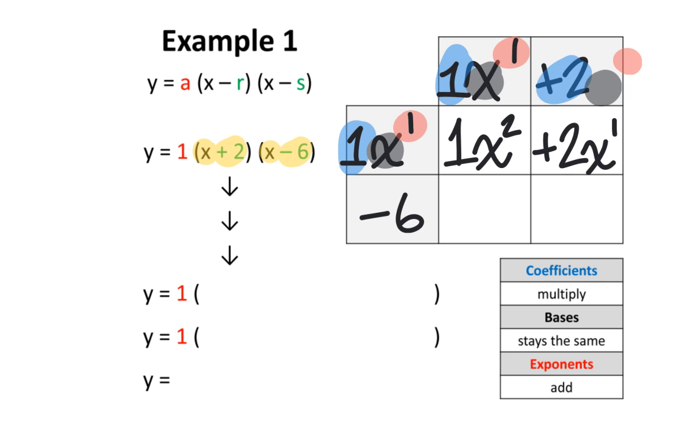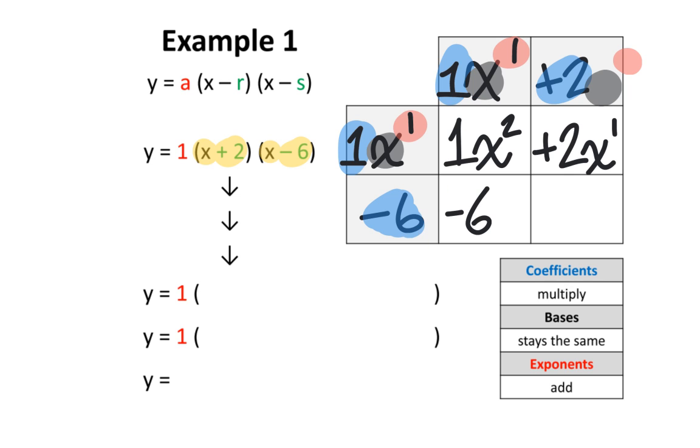I'm going to repeat this process again by multiplying this term and writing the answer in this empty box. The first step is to take a look at coefficients. We already know the coefficient of this term is positive 1, but what about this term? The coefficient there is going to be -6. We want to multiply coefficients. Therefore, -6 multiplied by positive 1 is going to give you -6. Next, we need to take a look at the bases. We already know that the base here is x, but what about here?